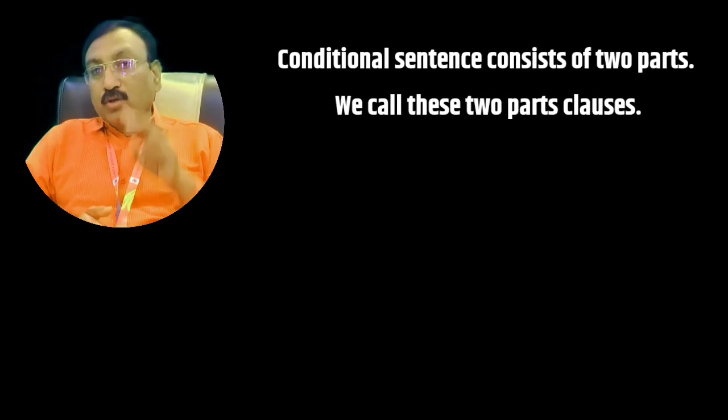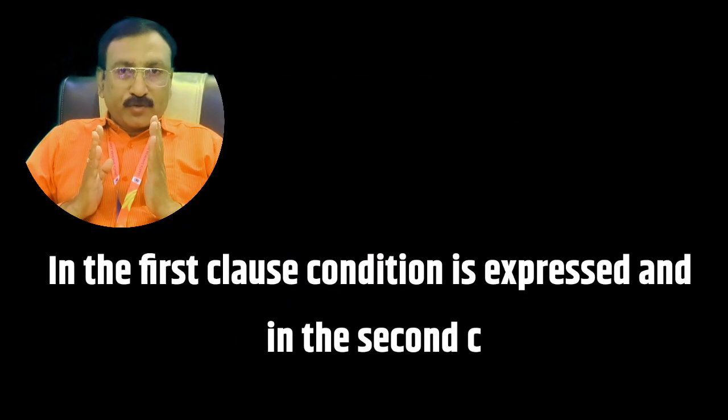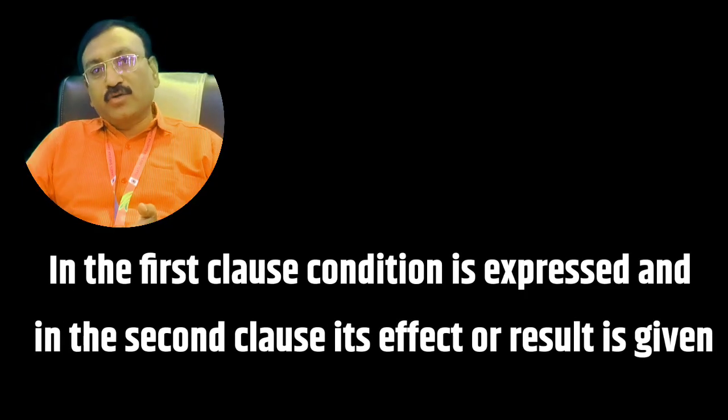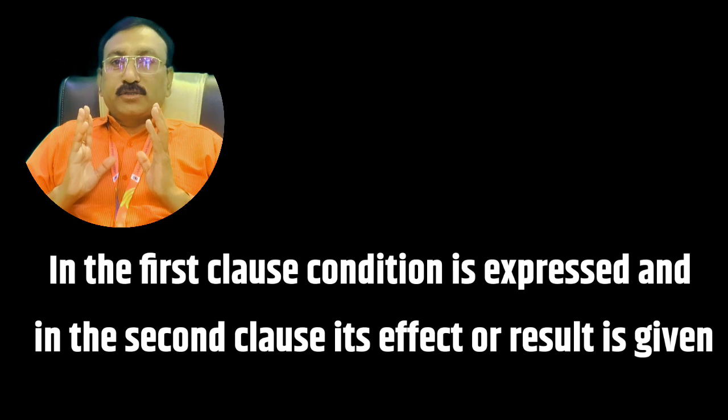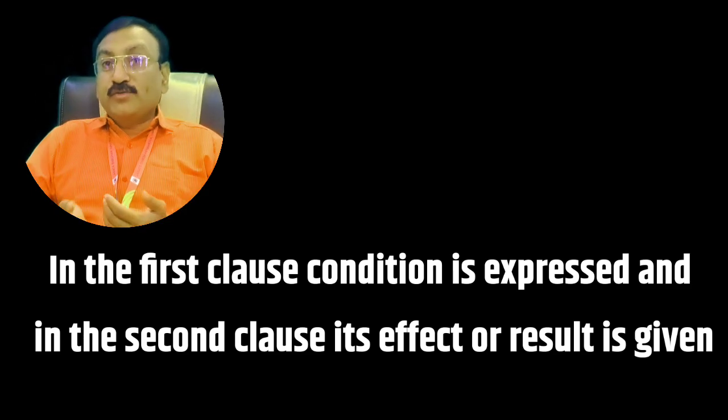Normally, a conditional sentence consists of two parts, and we call these two clauses. In the first clause, the condition is expressed, and in the second clause, its result or the possible consequences are given.